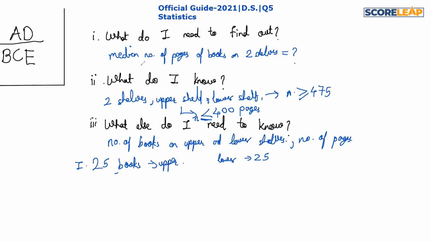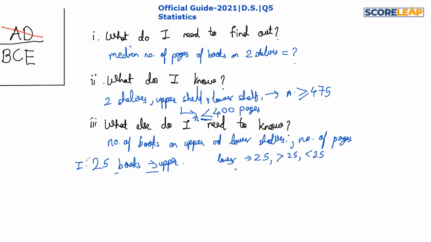Now if this is any number greater than 25 or less than 25, then the median might shift to the lower shelf or the upper shelf respectively. So this doesn't have enough information, and statement 1 is not sufficient. Whenever statement 1 is not sufficient, we just cross out A and D.